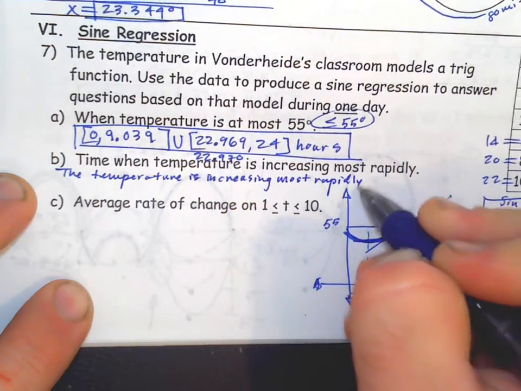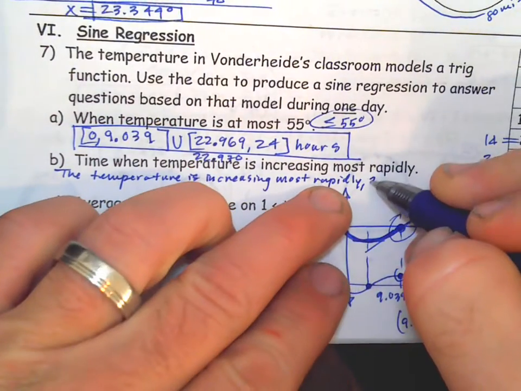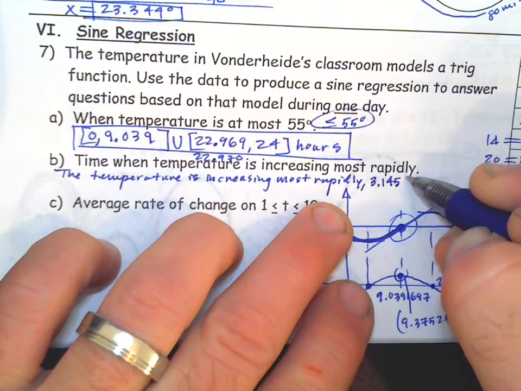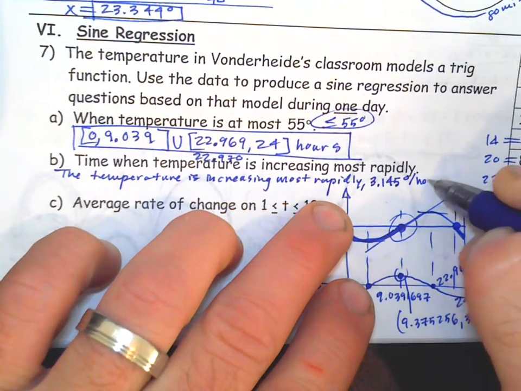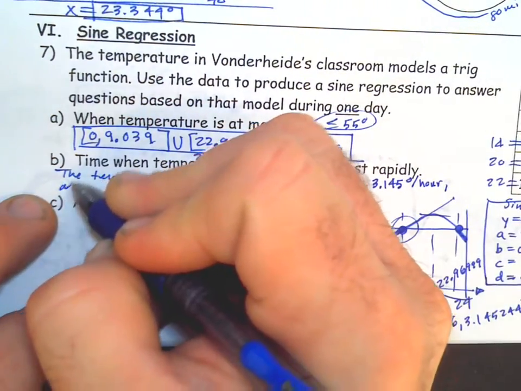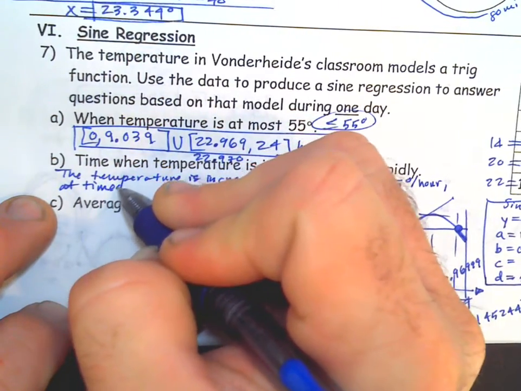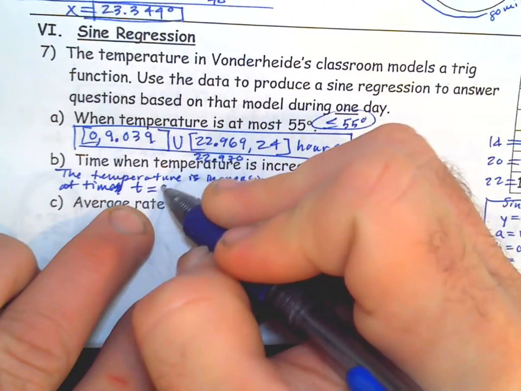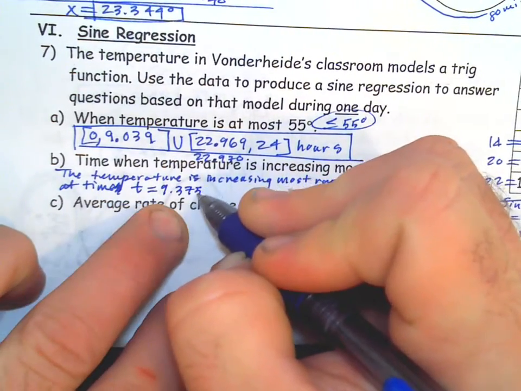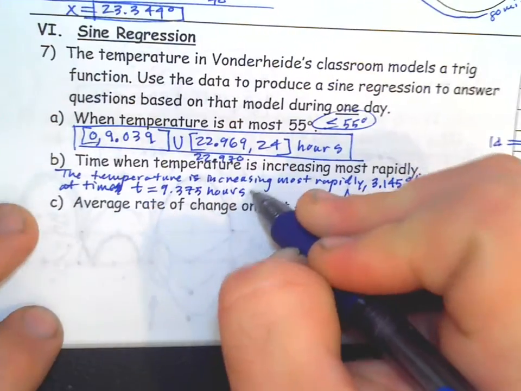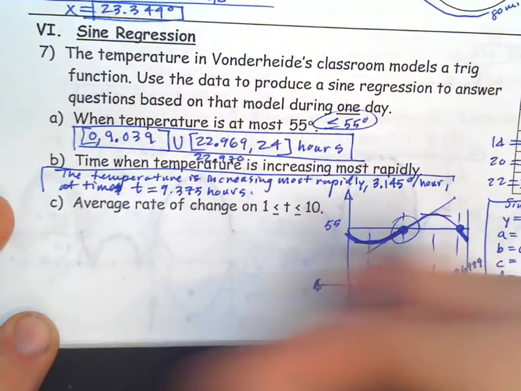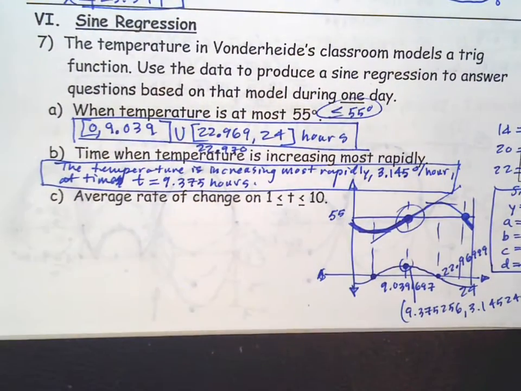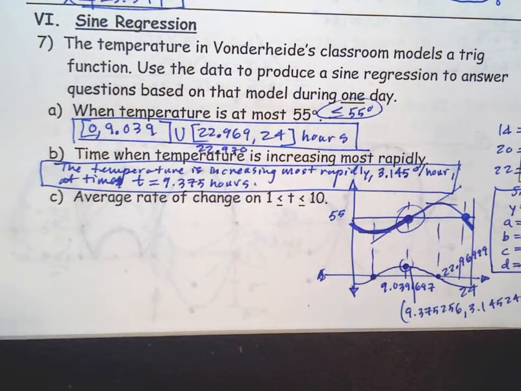I'm going to put the rate, which is the y value here, 3.145 degrees per hour, at time t equals 9.375 hours. I need units. So what is the max or min that you were looking for, and where did it happen? This is the safest way to answer this, because I guarantee if you don't do this all the time, you're going to lose points on the AP test unnecessarily.